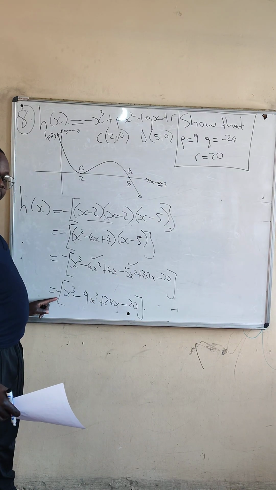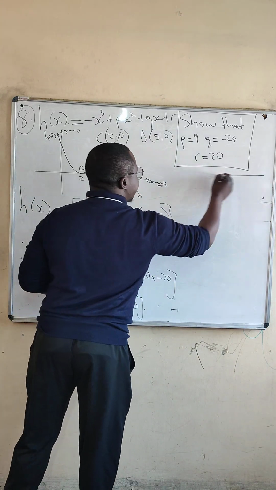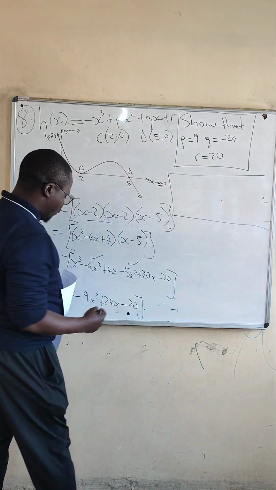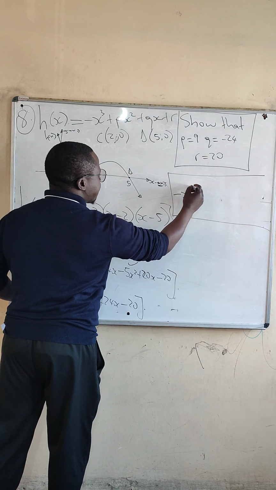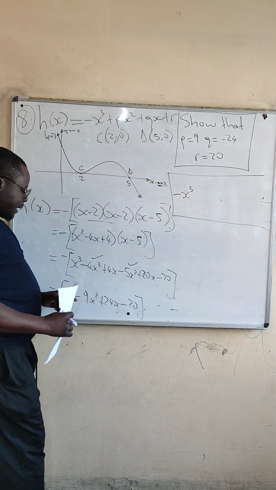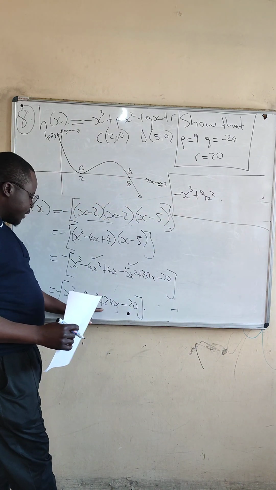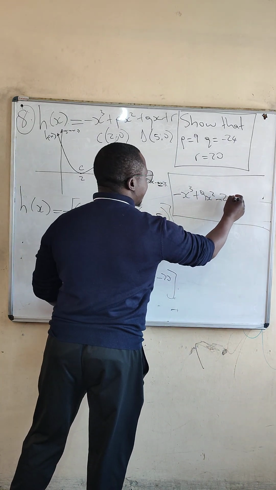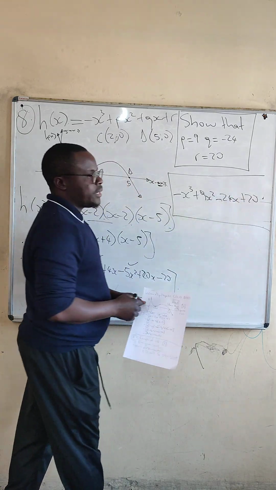Let's bring in the negative outside to change every sign inside, and we are basically going to have something that looks like this. Negative goes inside, it becomes negative x cubed. Negative goes inside, it becomes positive 9x squared. Negative goes inside, becomes negative 24x. And finally, this becomes positive 20.